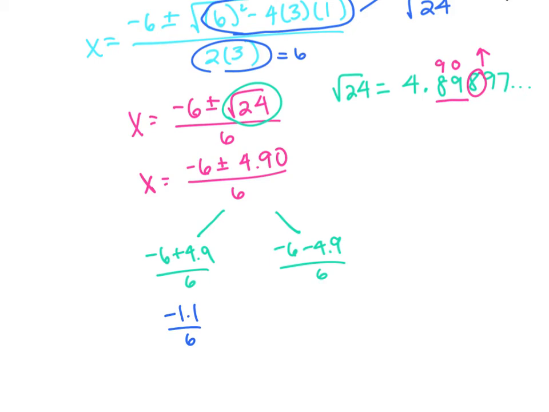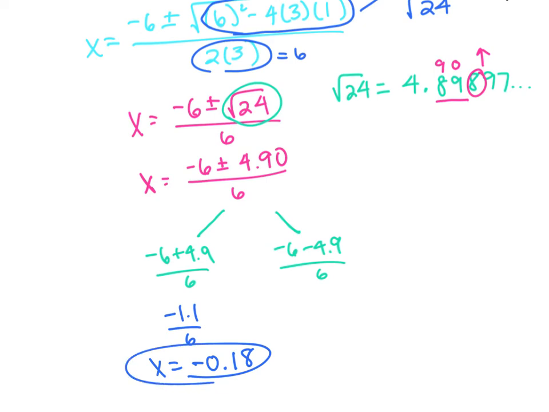divided by 6 is negative 0.183 repeating, we're going to the nearest tenth. Negative 0.2.